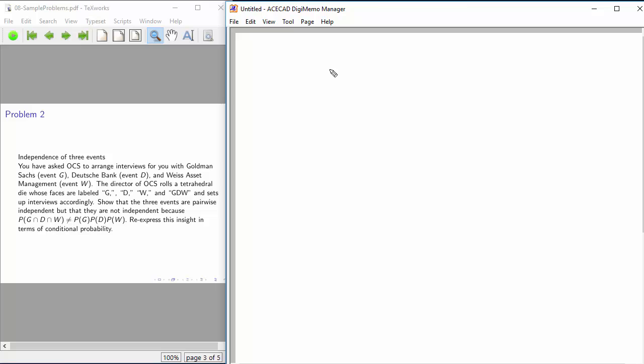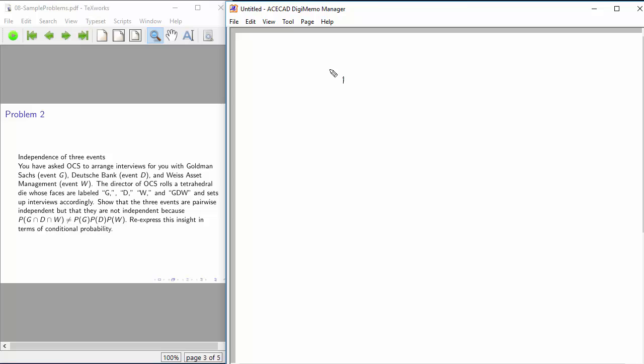The director rolls a tetrahedral die, which has 4 faces, labeled G, D, W, and GDW, and arranges interviews with all the firms whose initials come up. The remarkable thing is that these 3 events, though they're pairwise independent, are not independent, because if I look at the probability of the intersection of all 3, it's not the product of the individual probabilities.